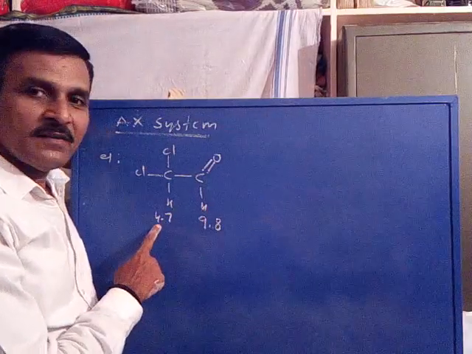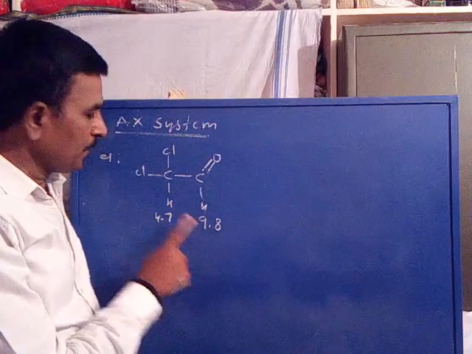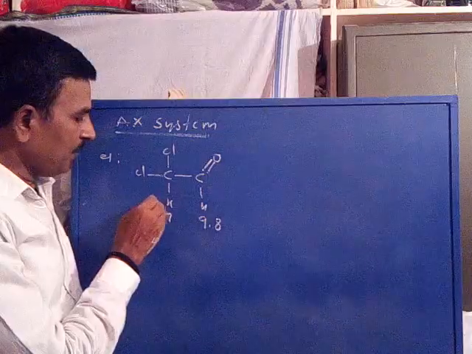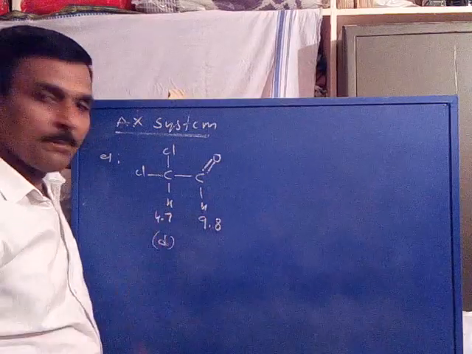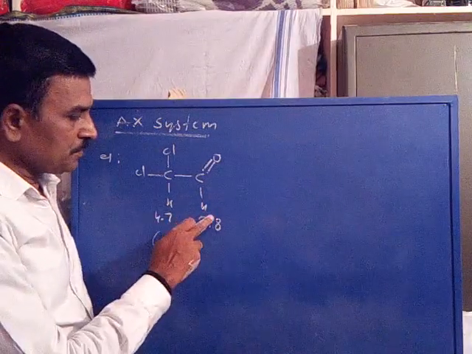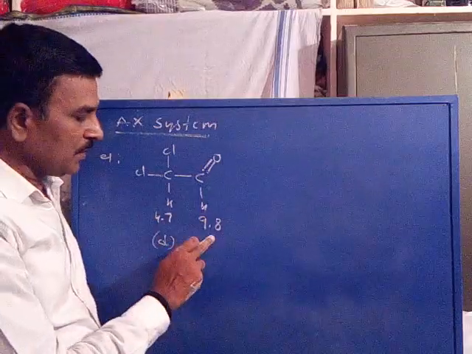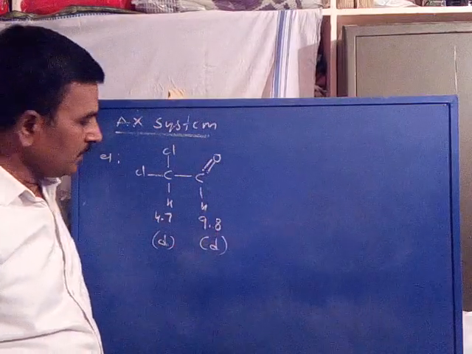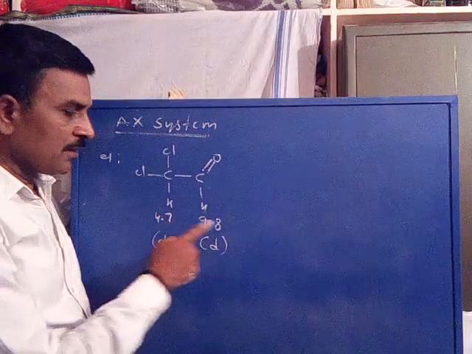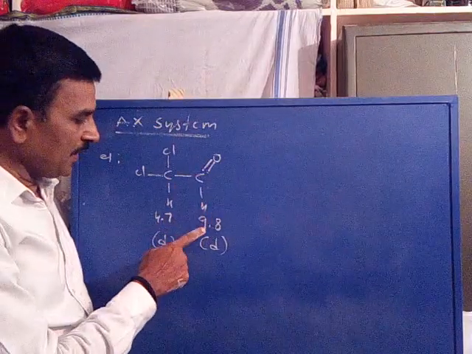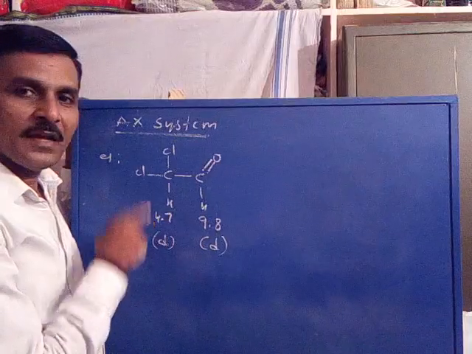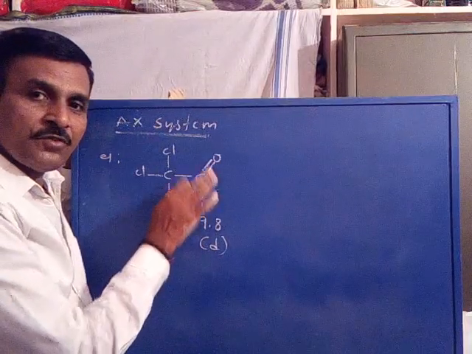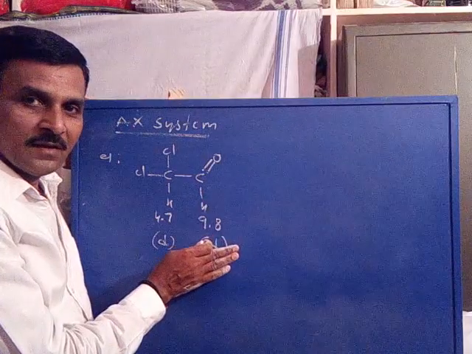Non-equivalent. 4.7 and 9.8. So this proton is coupled with this proton and appears as a doublet. This proton is also coupled with this proton. This signal also appears as a doublet. So the frequency difference between the two sets of protons is large. 9.8 minus 4.7 is nearly equal to 5. So it is large. Therefore, we should designate with AMX letters.